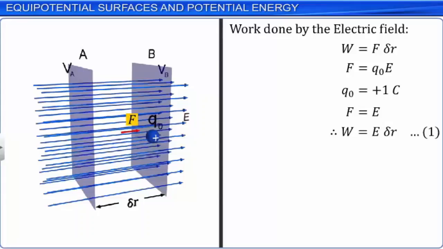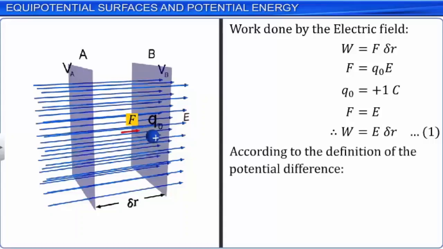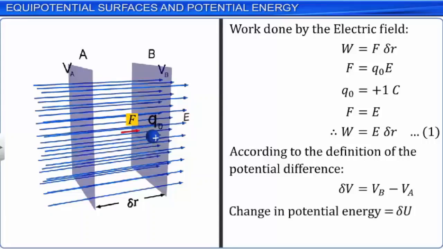According to the definition of potential difference, the potential difference delta V is equal to VB minus VA, which is equal to the change in potential energy delta U of the unit positive charge while moving from A to B. Let this be equation 2.